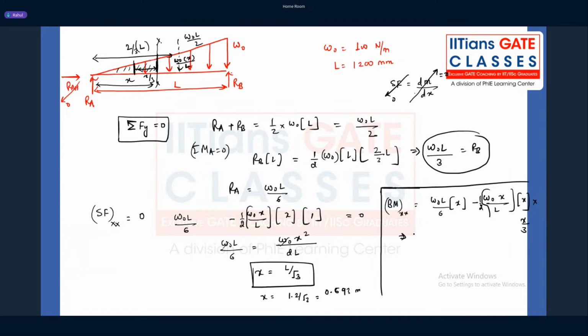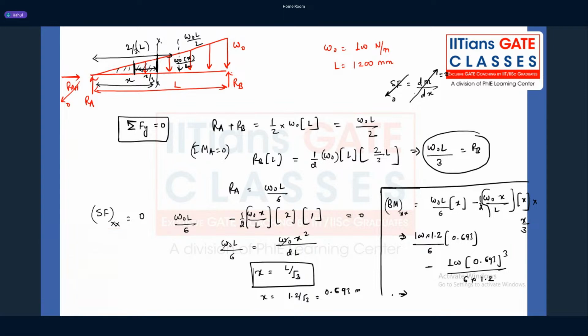Now try to put W naught is 100, L is 1.2 over 6, X is 0.693, minus W naught into X square, so W is 100, X cube, 0.693 cube over 2 over 6L. So here I'm writing 6 into L.